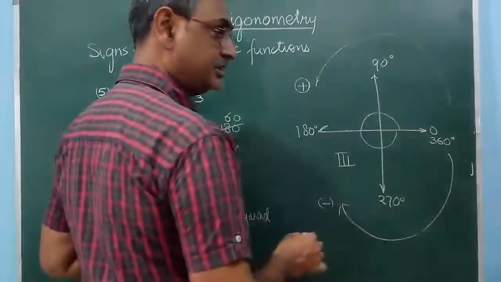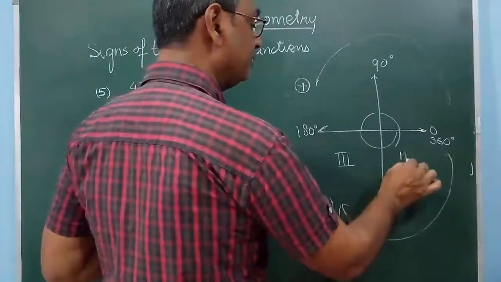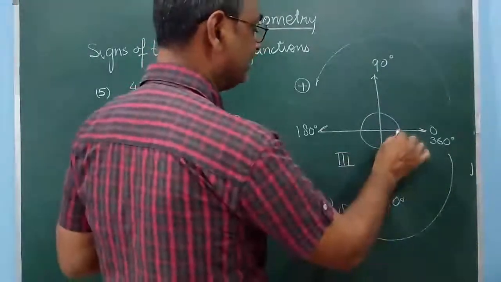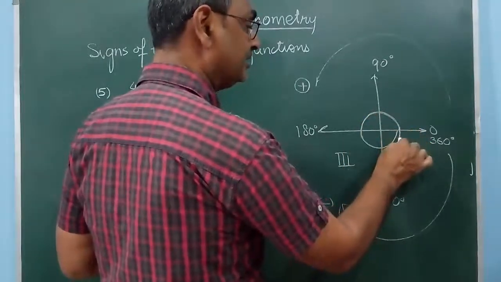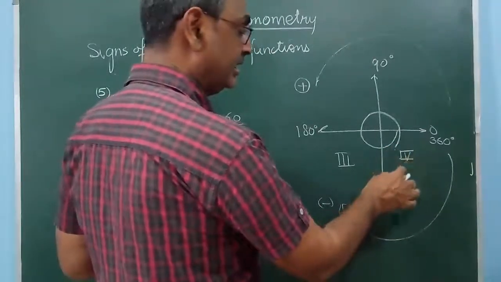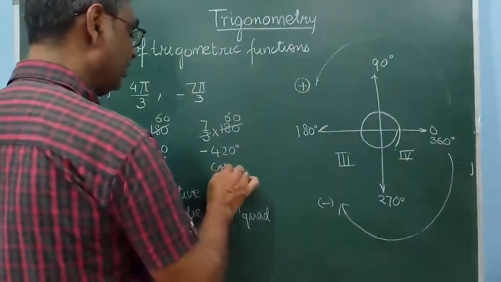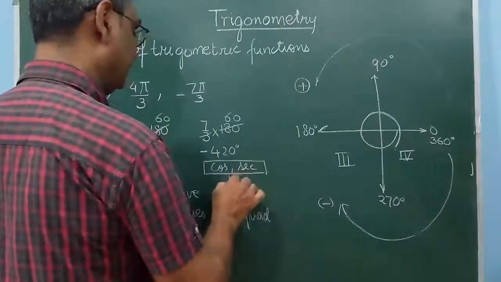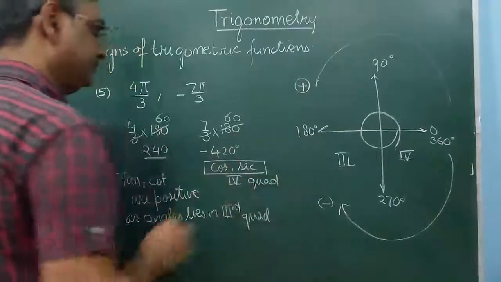This is 360, plus 60, so that will be the fourth quadrant. After 360, 60 more falls in the fourth quadrant. So which one is positive here? Cos and sec will be positive.